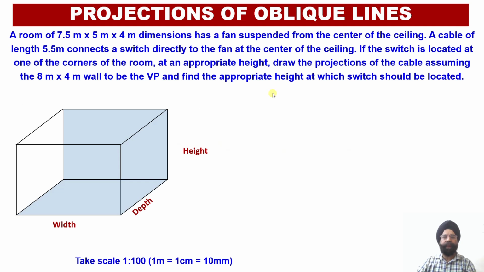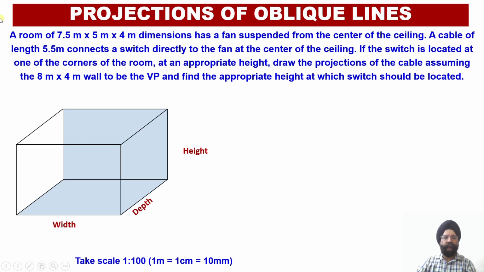In this case, we have been provided with a physical real life environment which we need to convert to projections of the oblique line, and thereafter using the principles of the oblique lines we are required to evaluate the true length and the true inclinations of this line with respect to HP and VP.